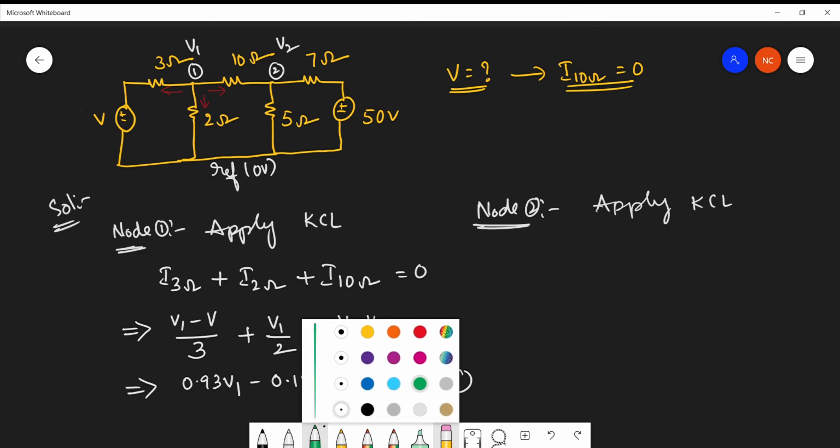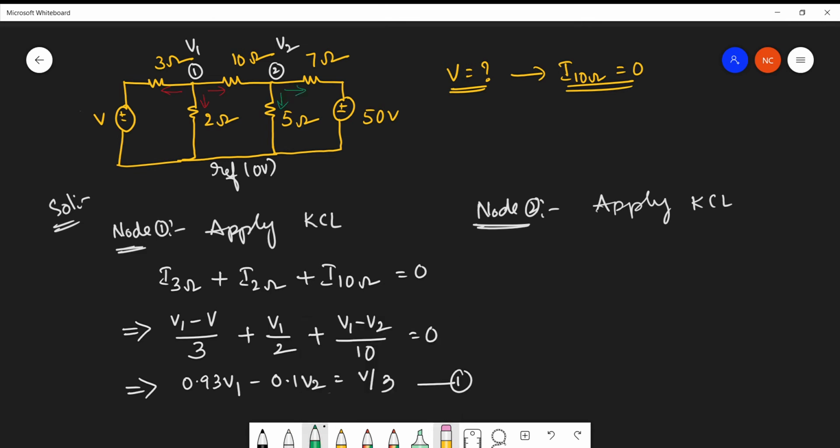Direction not specified, so take always leaving from the node. Now the current passing through 10 ohm plus the current passing through 5 ohm plus the current passing through 7 ohm equals 0. No other entering current.